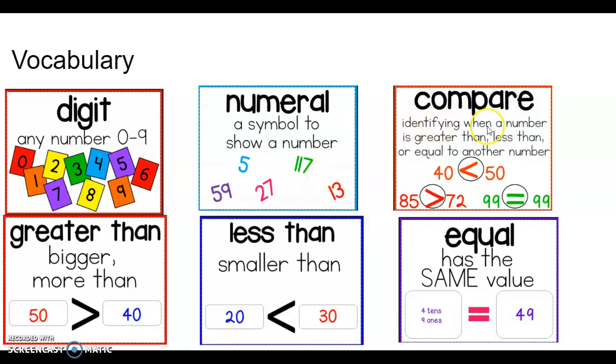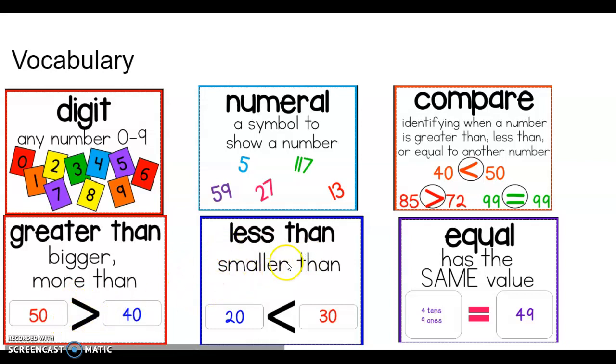Compare. Identifying when a number is greater than, less than, or equal to another number. So if you are comparing numbers, you are choosing to look at if they are smaller, bigger, or equal to another number. So greater than is bigger or more than. 50 is greater than 40.